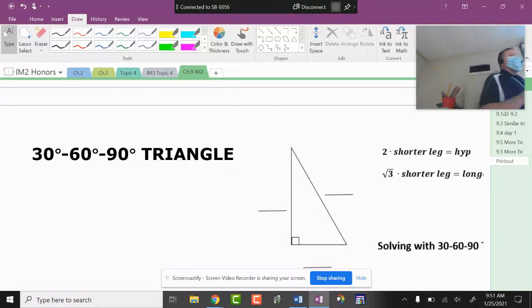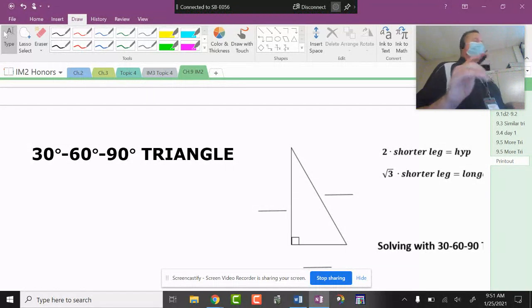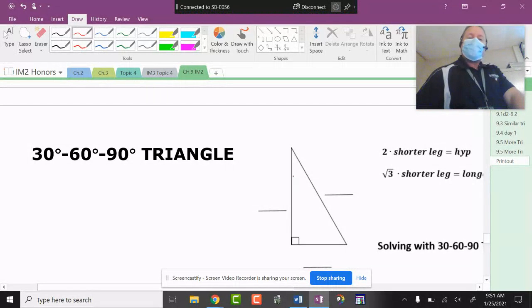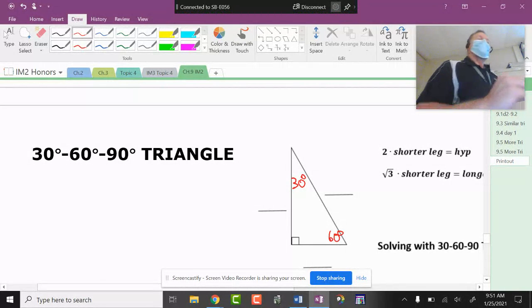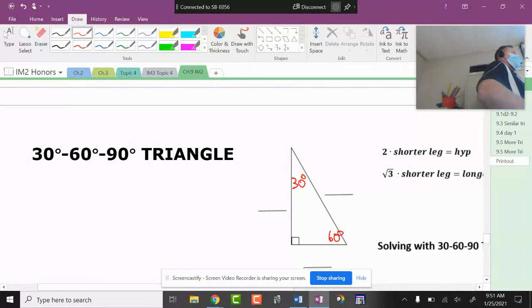Okay, now I'm not going to be able to derive this one. But now this is a second very special relationship. And when I say 30, 60, 90, 30 and 60 are the other two angle measures in this triangle. Okay.